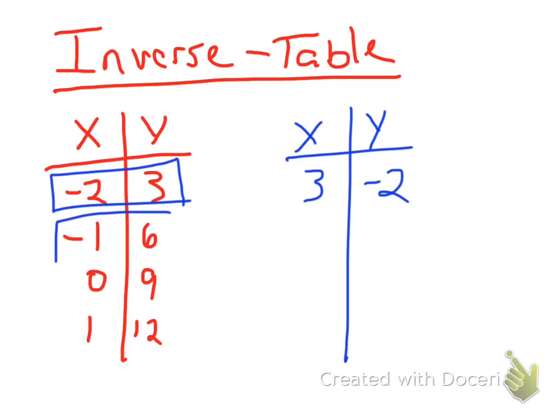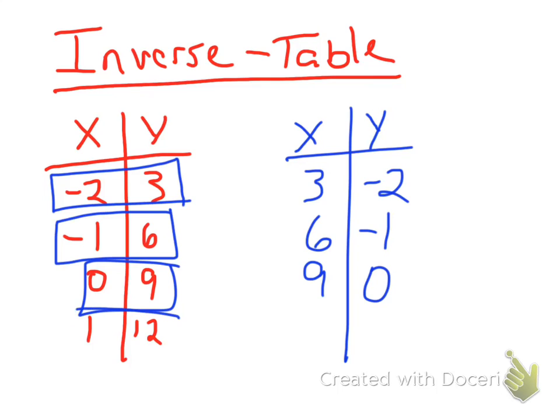If the original was negative 1, 6, the inverse is going to be 6, negative 1. If the original was 0, 9, it's going to be 9, 0. And lastly, if we had 1, 12, it would be 12, 1. Again, simply just switching the x and y values.